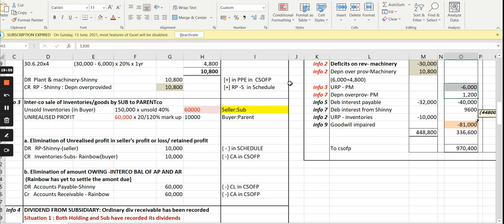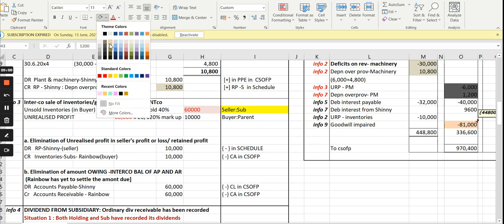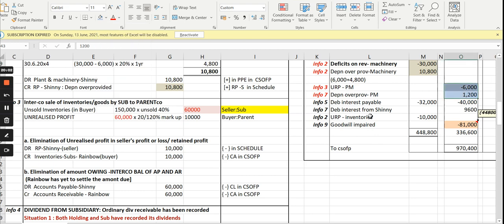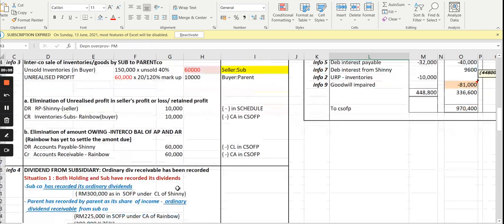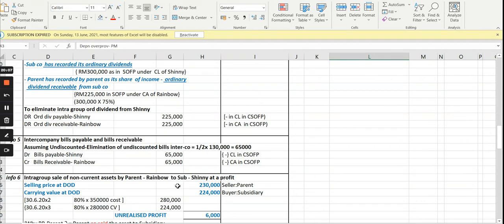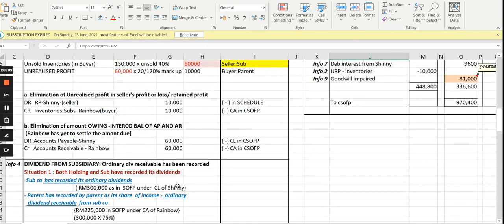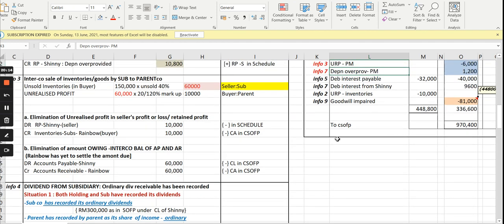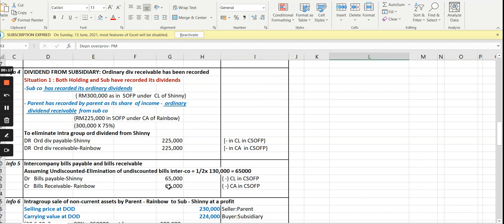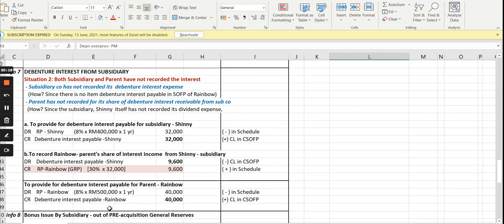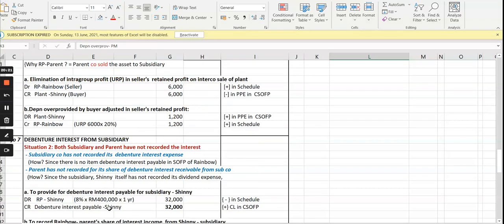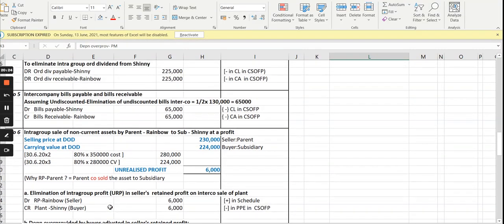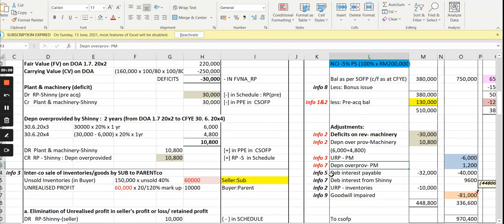depreciation adjustment. So these are the depreciation adjustment that we have made earlier. Okay, so that is the depreciation being over provided, that you have already calculated that here. Where is it? All right, that is for the unrealized profit on plant and machinery. Let's look at where is the unrealized profit on plant and machinery. There was information 6 on plant and machinery.